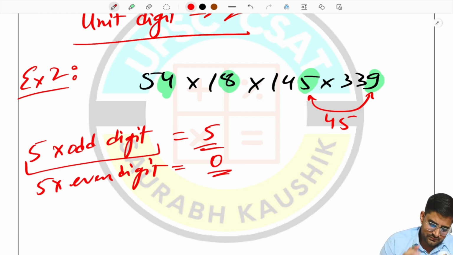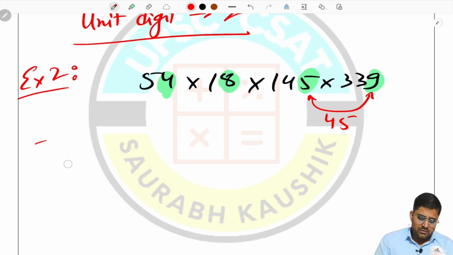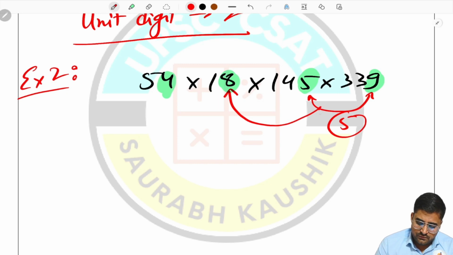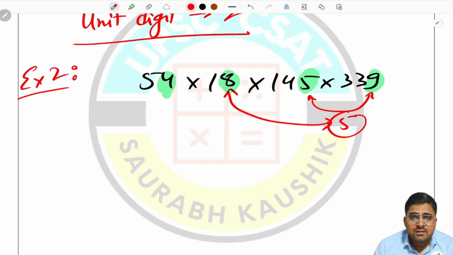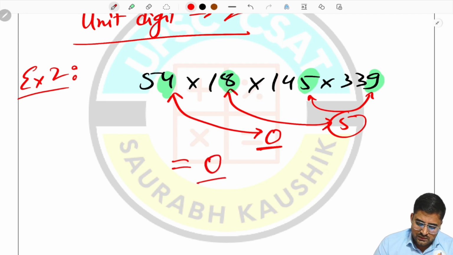Did you get this? Now, when we have talked about this, what we need is 5 only. 8 into 5, whatever it is, I know it is 40, but whatever it is, it gives me 0 at the end. Whatever is multiplied by 0 will give me 0, so the unit digit is 0.